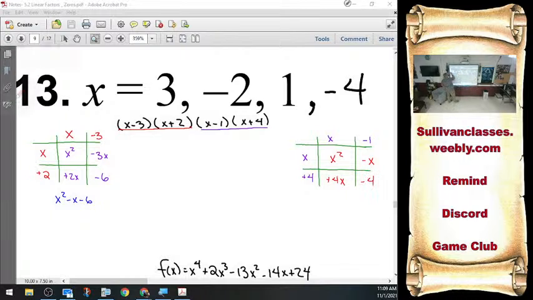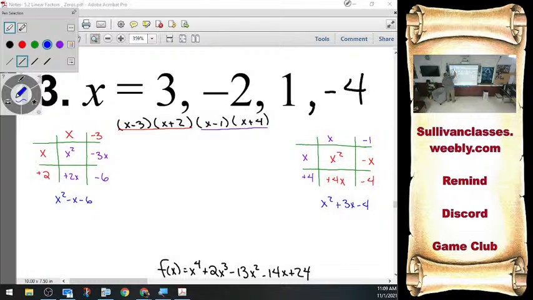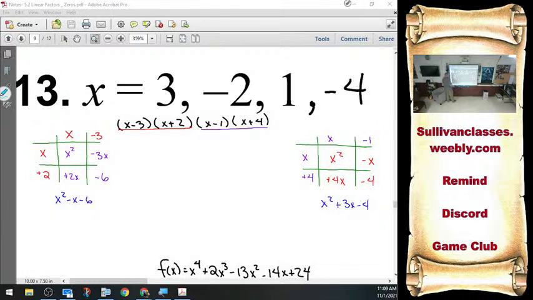Again, combine your like terms and get x squared plus 3x minus 4, same as before. Some people prefer this. Some people, this is gibberish. And then smash those two together.